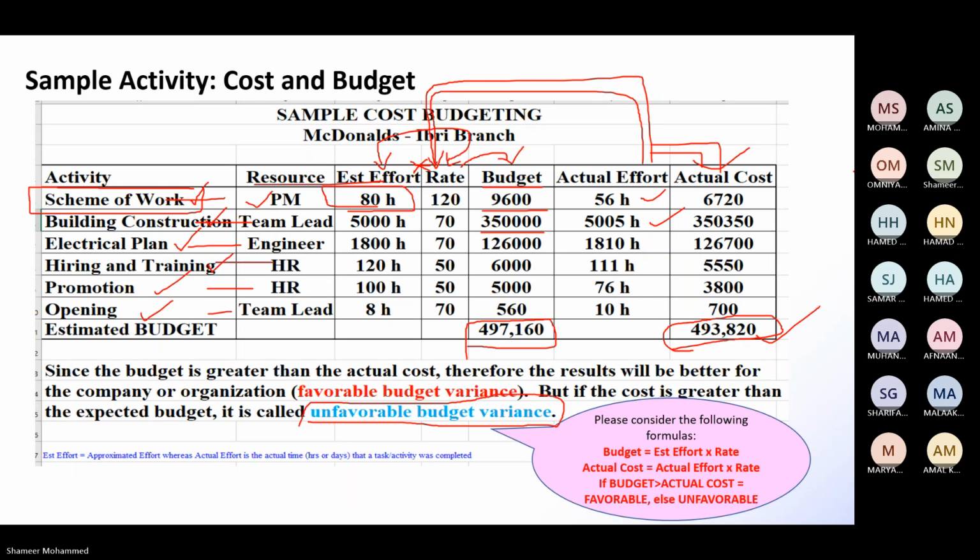Students, will this project bring you loss or will this project bring you profit? Students, can you answer this question? Will it bring profit or will it bring loss? Is it favorable or not favorable?